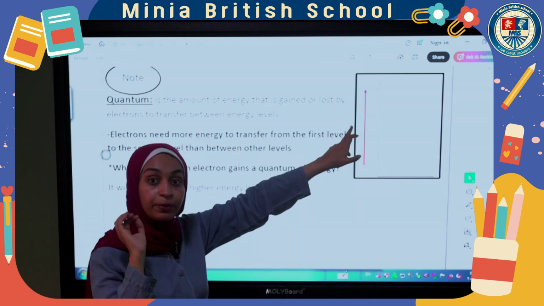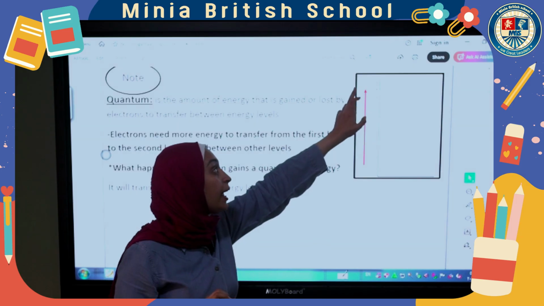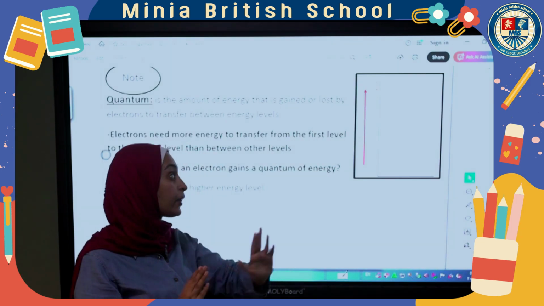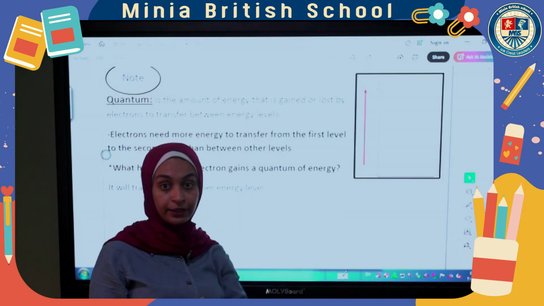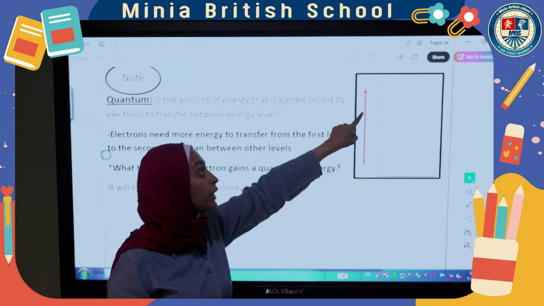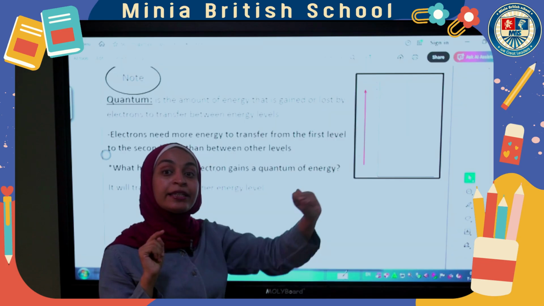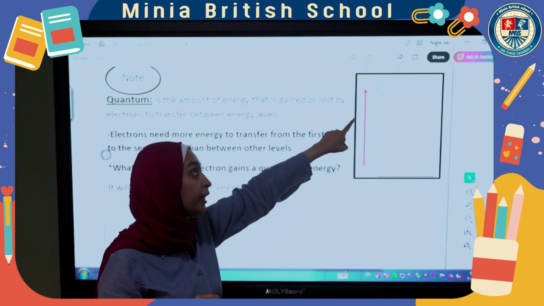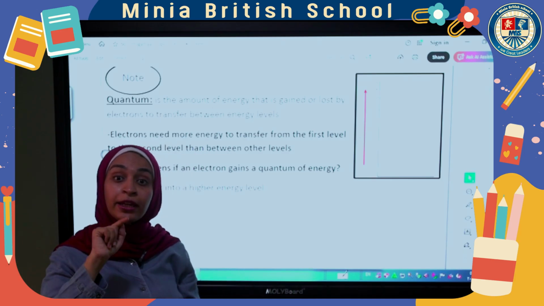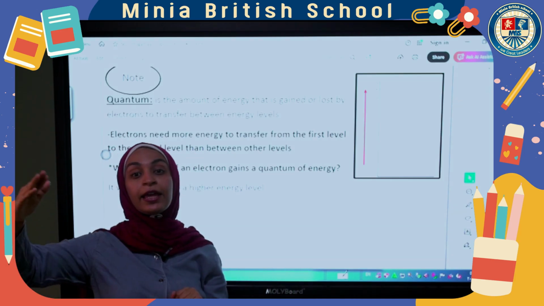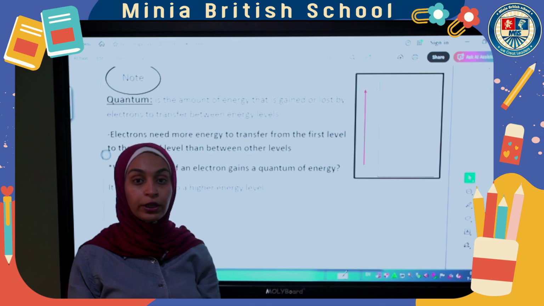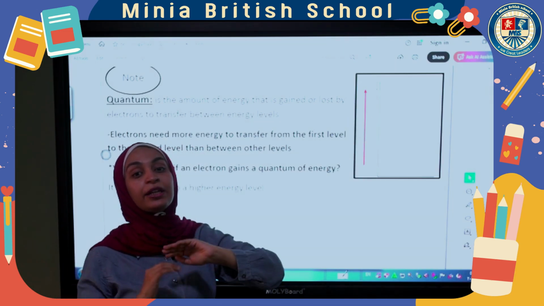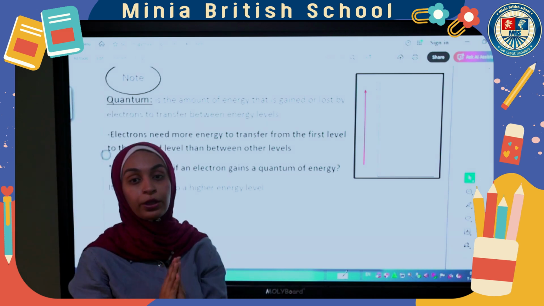So the difference between L and M is less than the difference between K and L. And the difference between M and N is less than the difference in the energy, or the quantum, between L and M. So the energy of the electron increases as we go farther from the nucleus. But the difference between the energy levels in quantum decreases as we go far away from the nucleus.